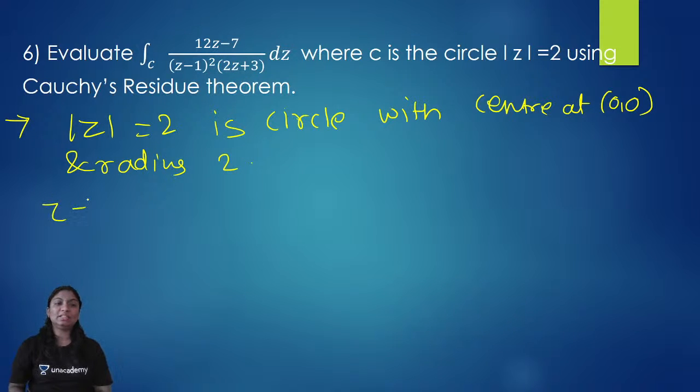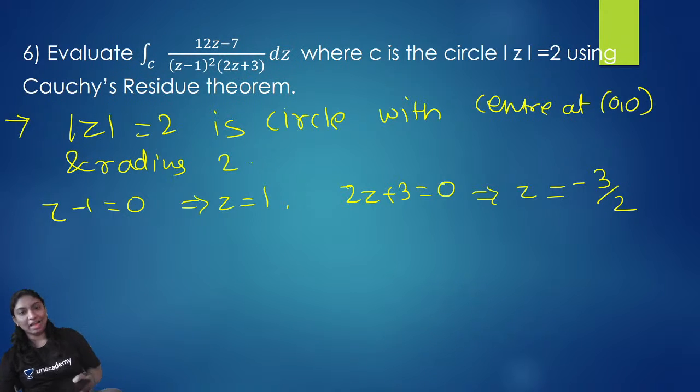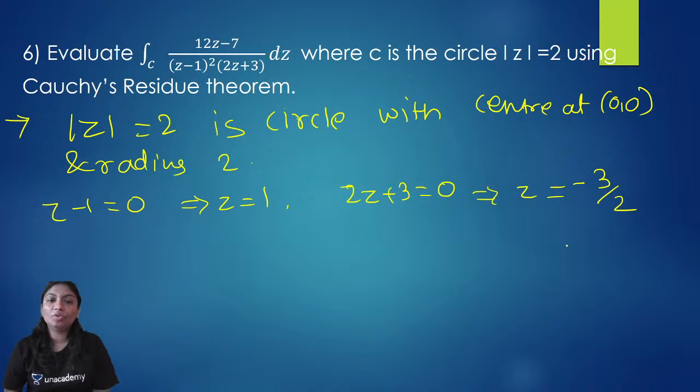So z minus 1 is equal to 0, so z is equal to 1, and 2z plus 3 is equal to 0, which implies z is equal to minus 3 by 2, that is minus 1.5. Obviously both the poles lie inside the curve C because the radius is 2. So we can use Cauchy's residue theorem.